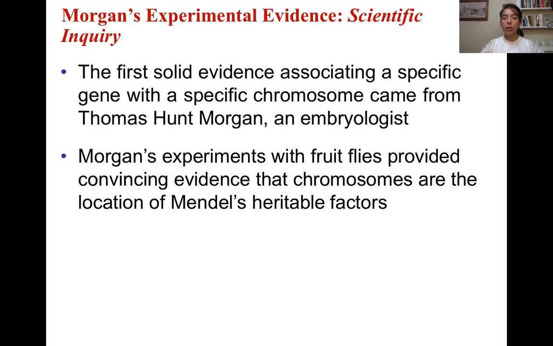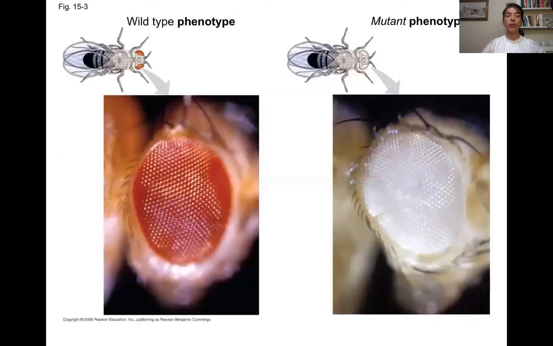Morgan was an embryologist, and he was working with a beautiful model system now, the fruit flies. And he was the one, along with his team, to provide convincing evidence that the chromosomes are the locations for these heritable factors that Mendel proposed.